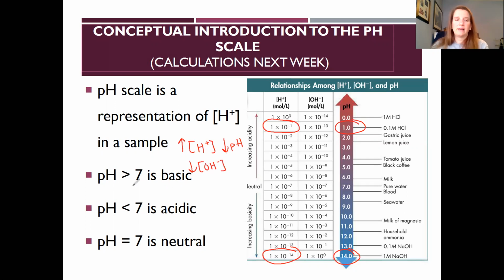So remember, bases have low hydrogen ion concentrations. They have a lot of hydroxide ions. So they have low hydrogen ion concentrations, which means they have a high pH. Acids have a high hydrogen ion concentration, and they have a low pH. With your neutral substance, you can see that the hydrogen and hydroxide ion concentrations are the same.